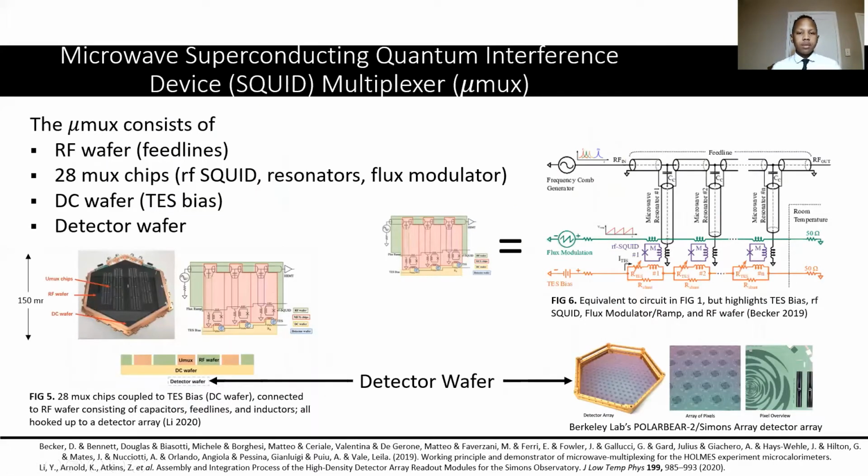So what is a MUMOX, right? I've mentioned it for a few minutes now, and I haven't really defined what the MUMOX is. The MUMOX is the microwave superconducting quantum interference device multiplexer.